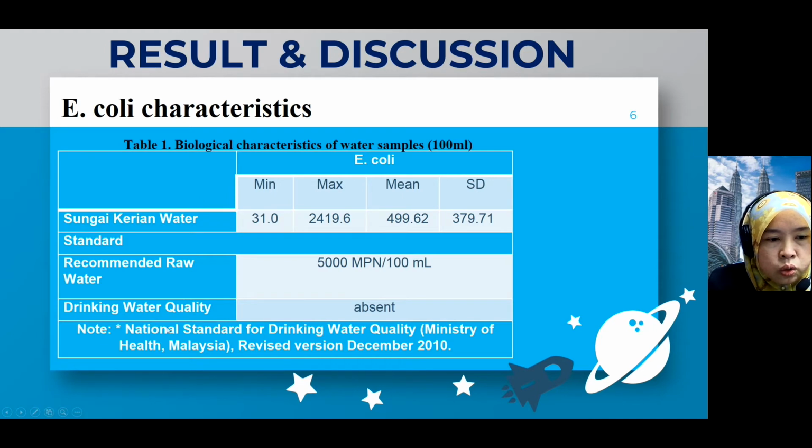According to the National Standard for Drinking Water Quality, Ministry of Health Malaysia, revised December 2010, the standard recommended that for raw water the concentration of E. coli is about 500 MPN per 100 milliliter. For drinking water, E. coli should be absent.